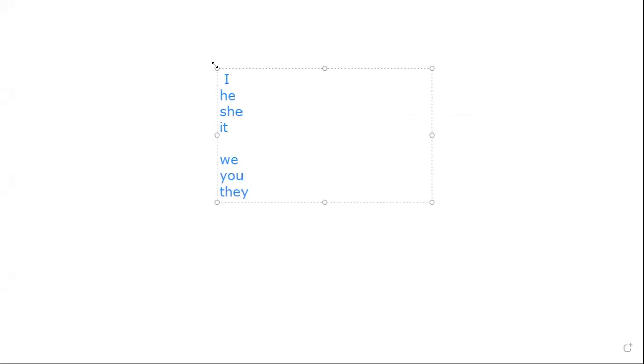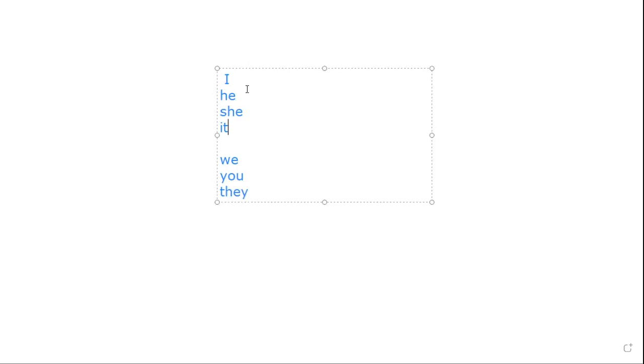We have the pronouns I, we have he, we have she, it, and then we have we, you, sorry, I'm going to make it vertical, you and they.